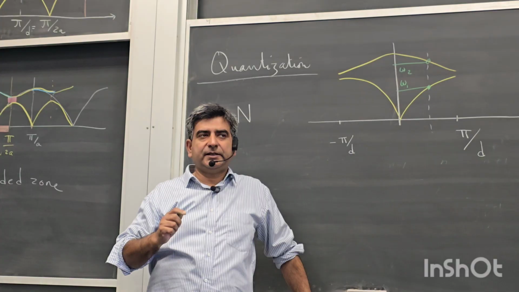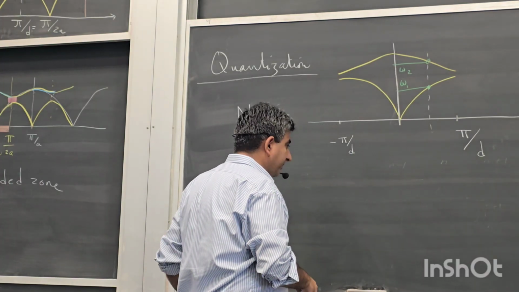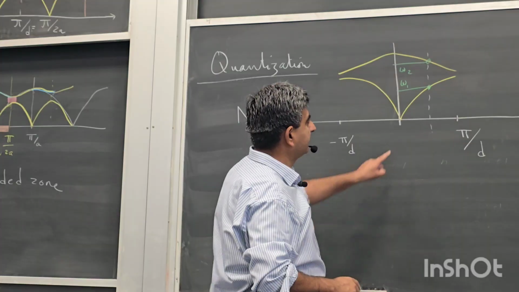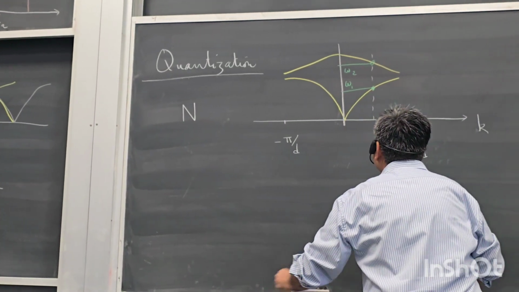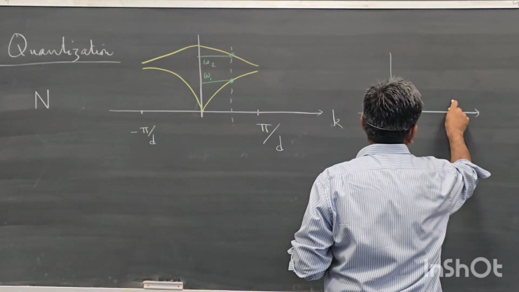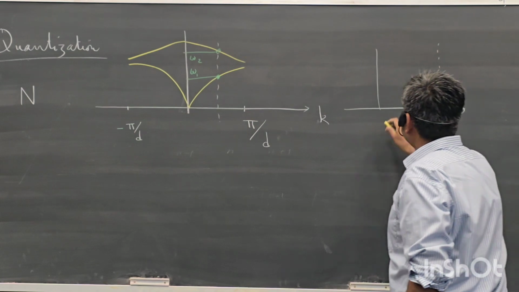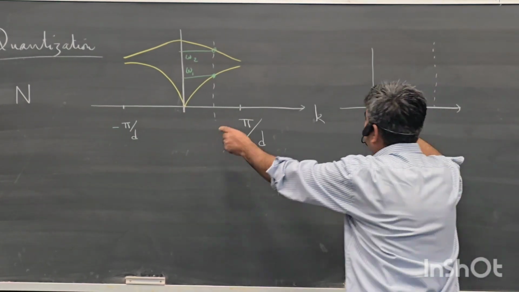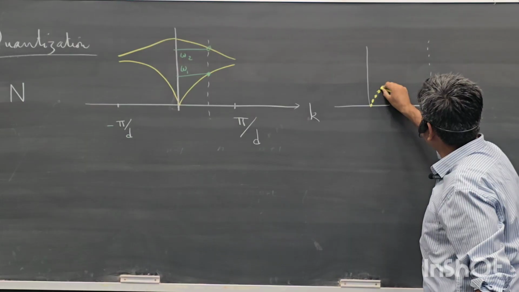And the spacing between 2 K values can also be determined from simple principles. So this branch really is a collection of, it could be a very large number, no doubt a very large number of points. So this branch could be a collection of finely spaced K points.